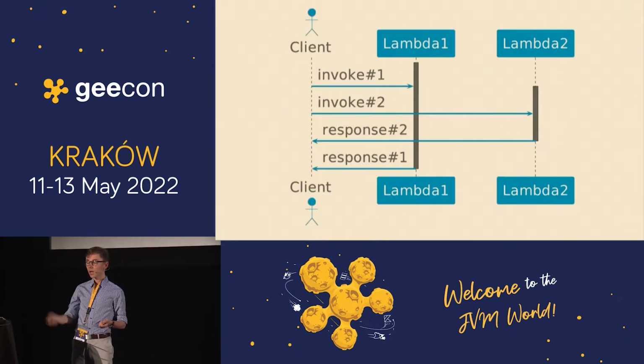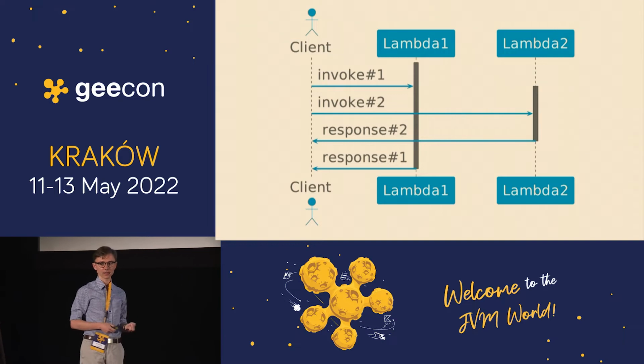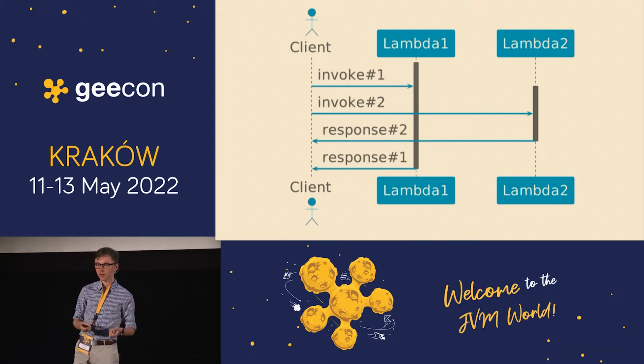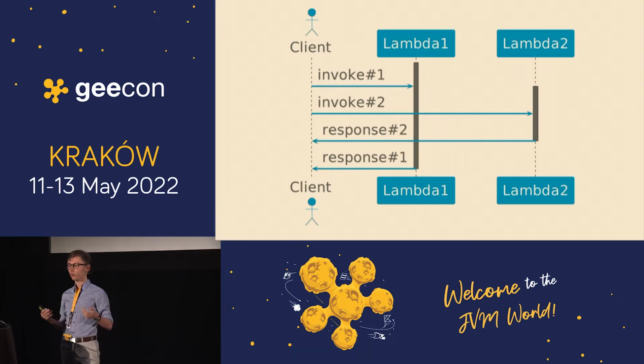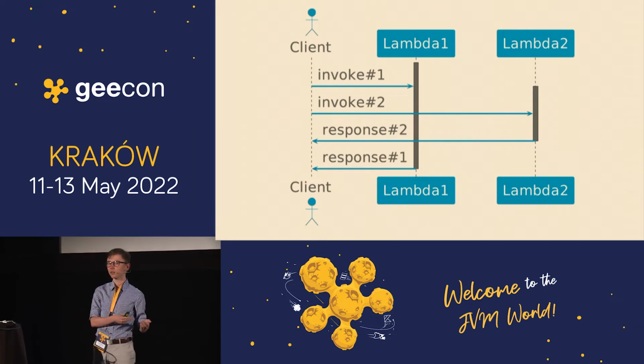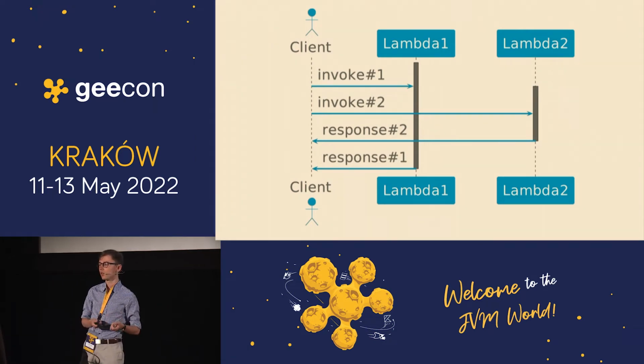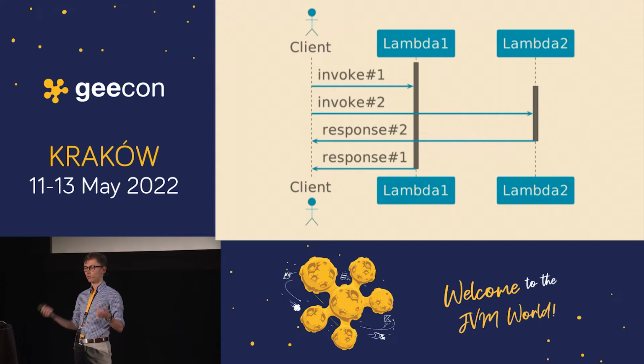So basically, all of this code will get executed once per Lambda instance before that instance can actually handle the request. Another important thing is that in Lambda, each instance of your function can only handle one request at a time. So let's take a client which invokes your function, and this is invoke number 1.